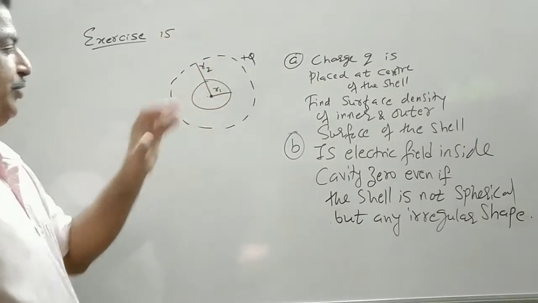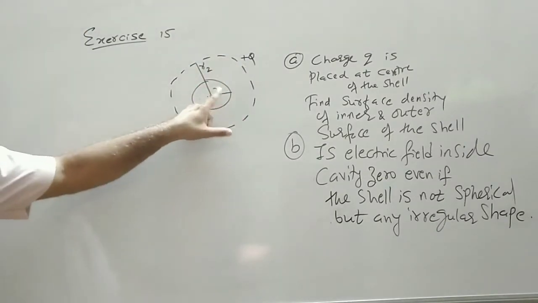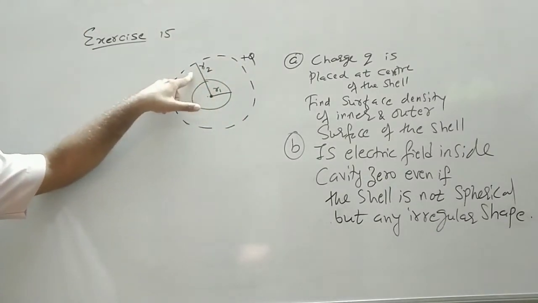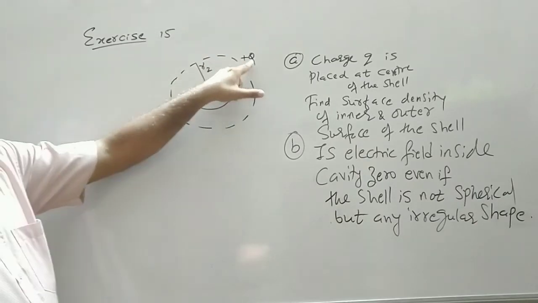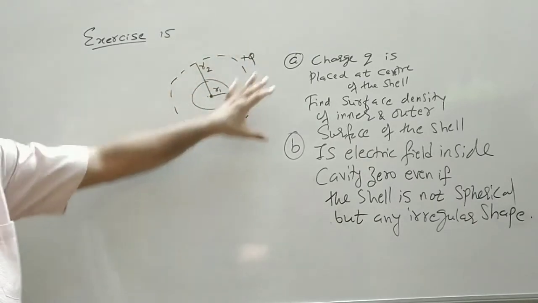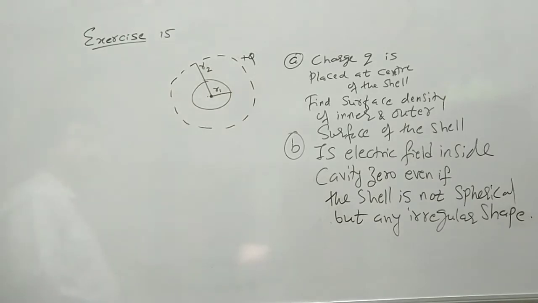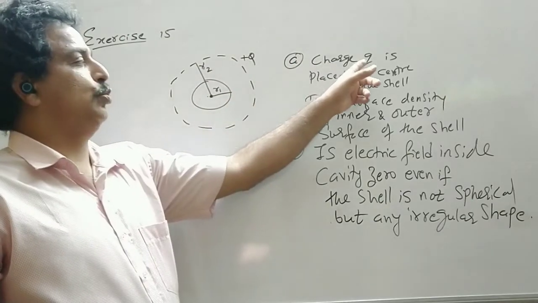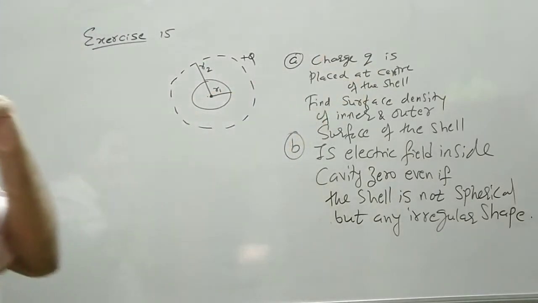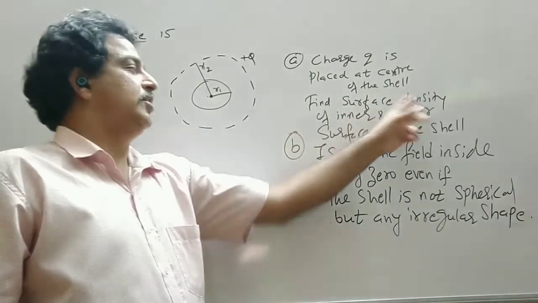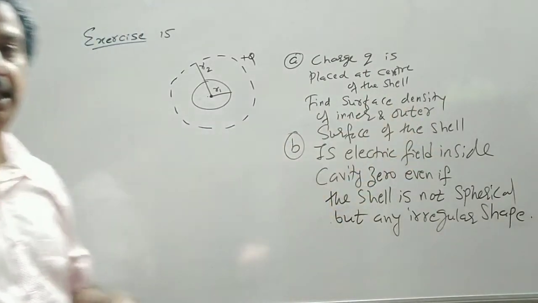We have two spherical shells, one of radius r1 and the other of radius r2. Plus Q, capital Q charge is on the outer shell, and a charge plus q, small q, is placed at the center of the shell. Find the surface density of the inner and outer surface of the shell.